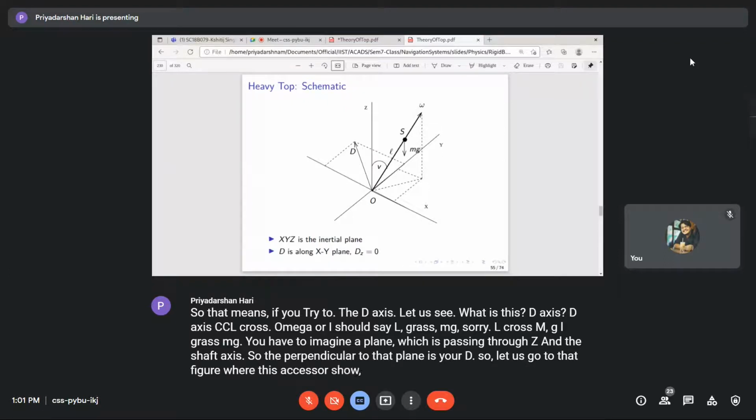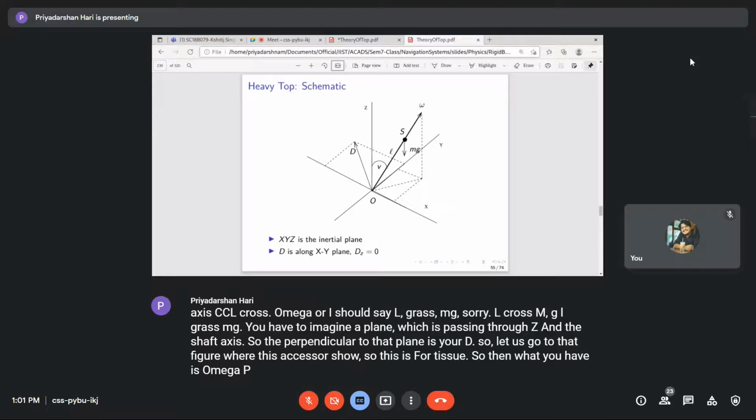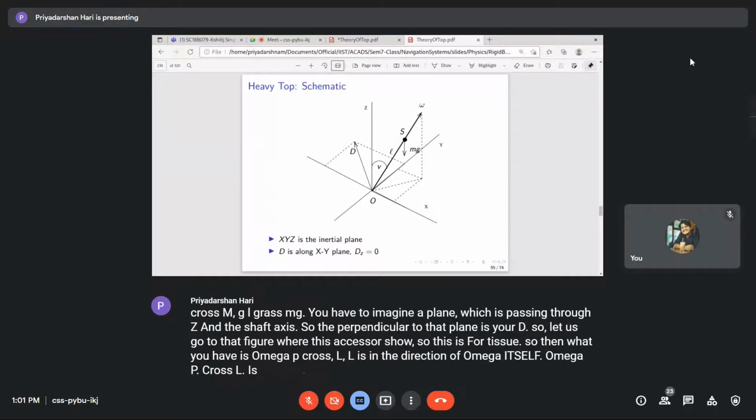So this is what is shown. Then what you have is omega p cross L. L is in the direction of omega itself. Omega p cross L is equal to D. So this means that the precession axis is along the Z axis.